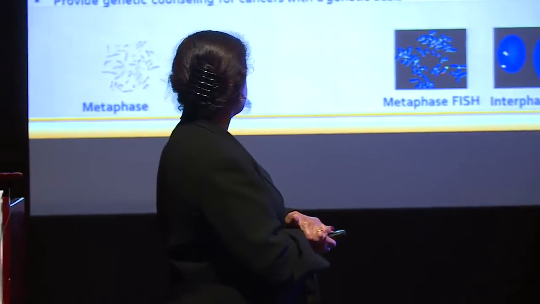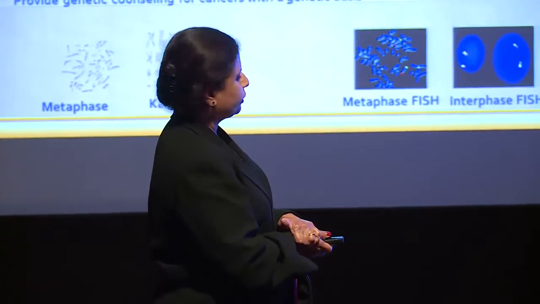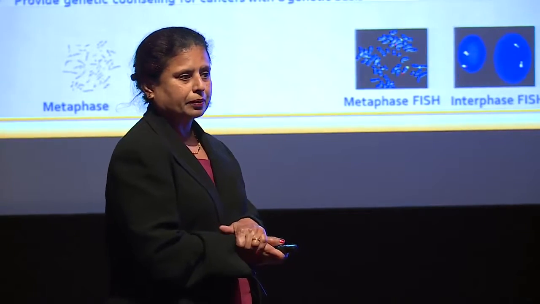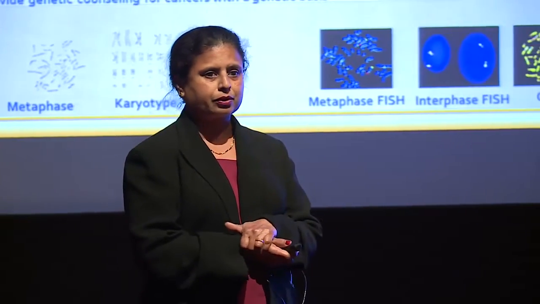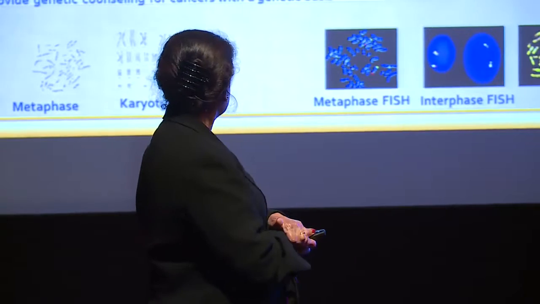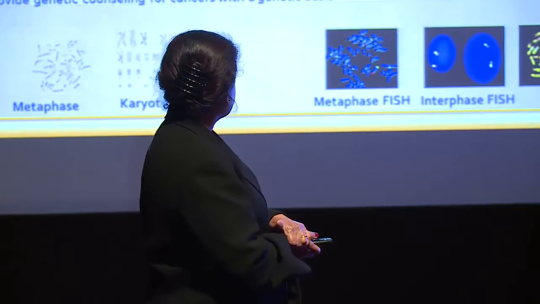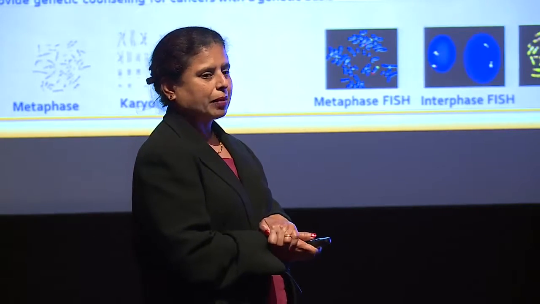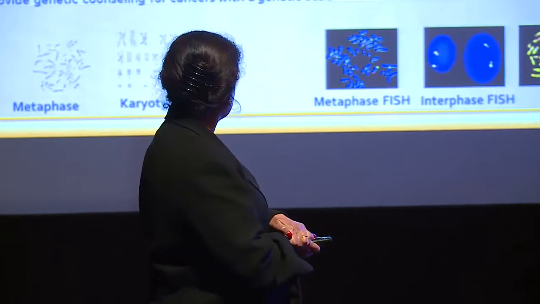Molecular cytogenetics is the result of integration of cytogenetic and molecular techniques. It's mostly complementary to cytogenetics, but it can also be a standalone test. Like cytogenetics, it's important for the diagnostic, prognostic, and management of malignancies.